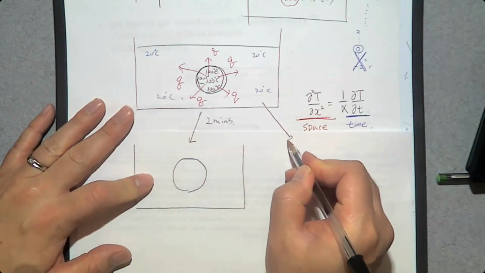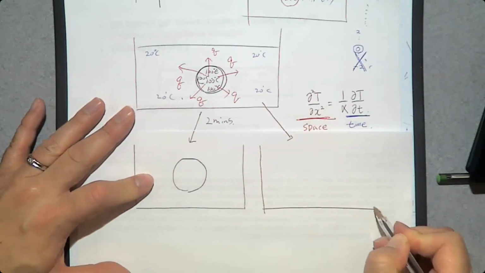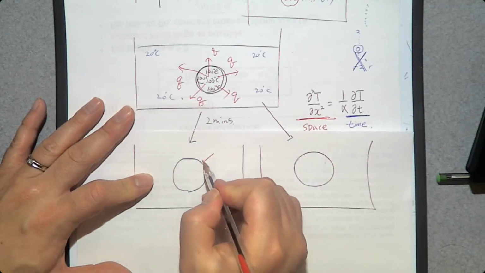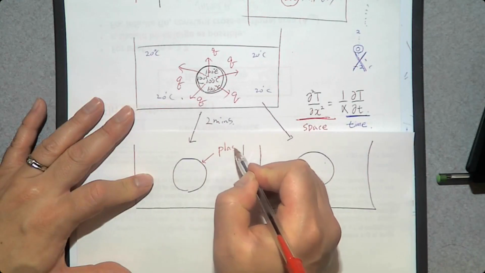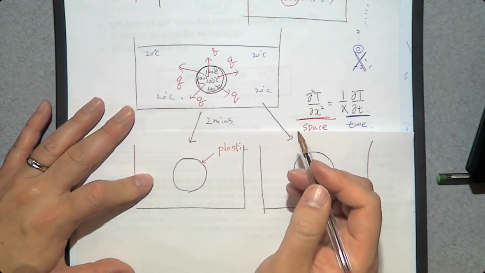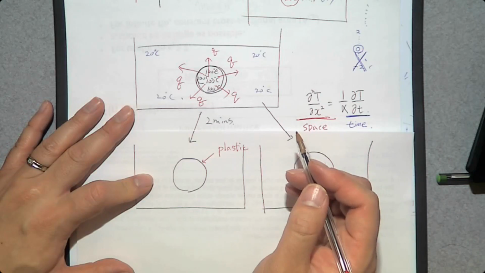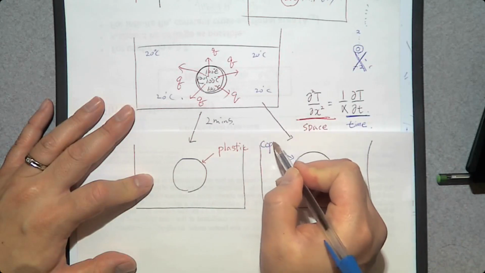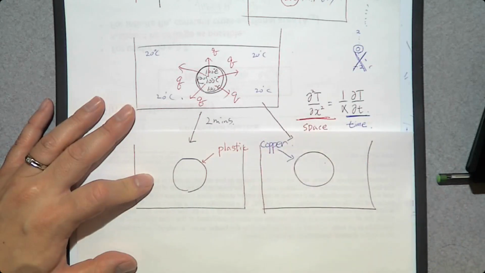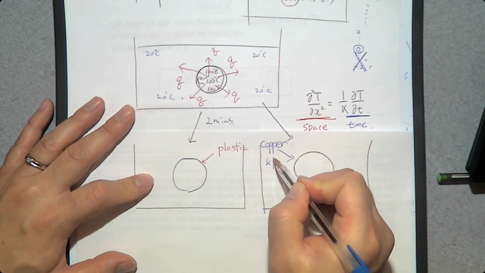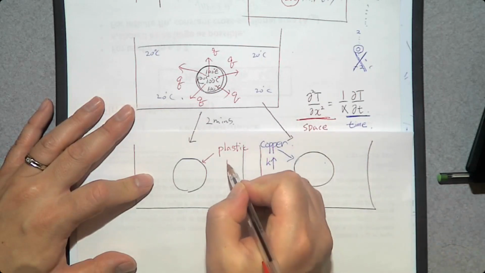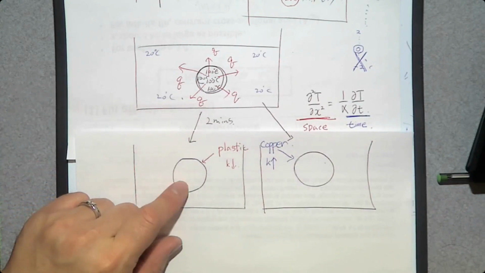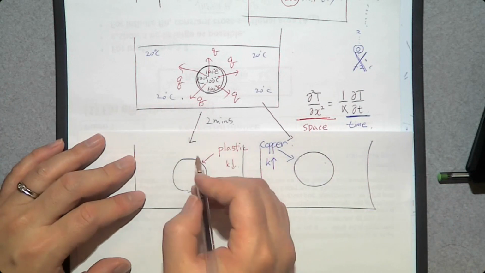Then there are two different cases. One case, the solid is plastic. And the other case, the solid is copper. What is the main difference? Copper has high thermal conductivity. Plastic has low thermal conductivity. So the temperature inside the solid is going to look like this.